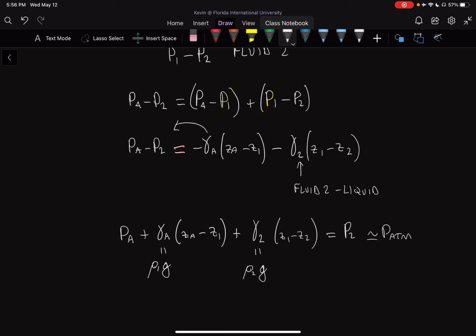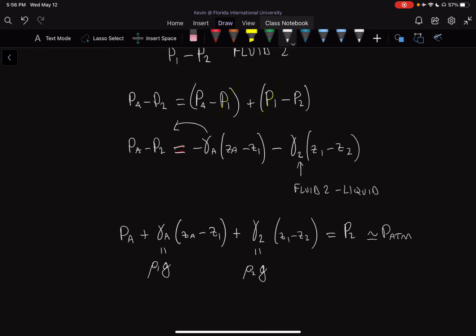The other thing is we know that we have to find the pressure gauge at B. So gauge B is right here in the middle. It's said to be in the center. And we have to find the pressure difference between this and the pressure at A, which is right here.